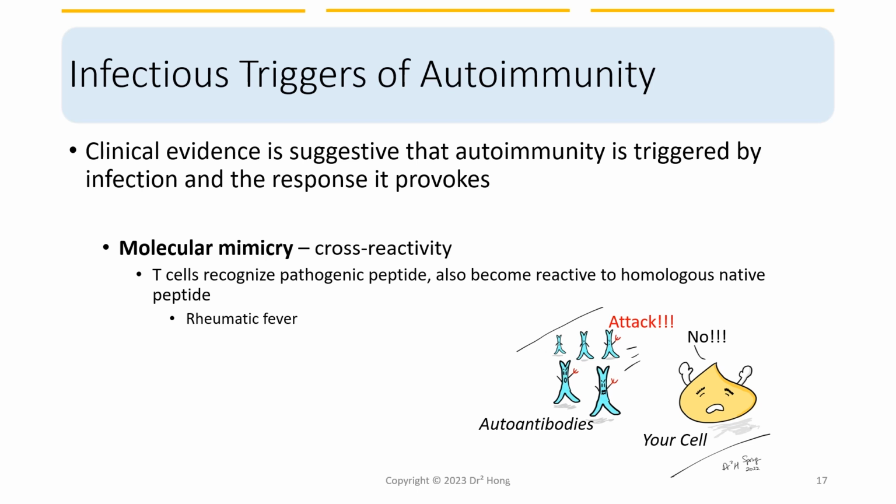When proteins get broken down into small pieces of peptide that are a couple of amino acids in length, sometimes our native peptide may have very high similarity to those foreign peptides. These similar peptides are called homologous native peptides. Because they are so similar, sometimes our immune system can mistakenly think they are from pathogens and start to react to them, for example, in a condition called rheumatic fever.